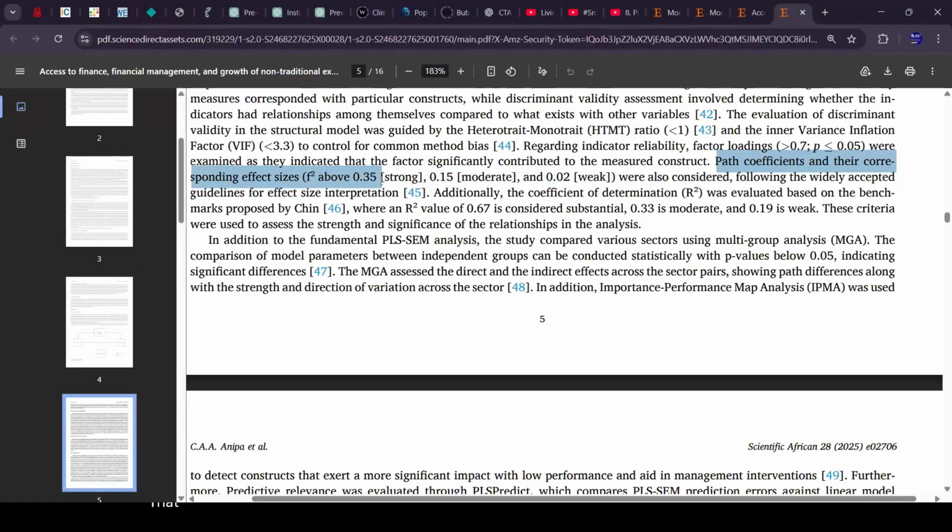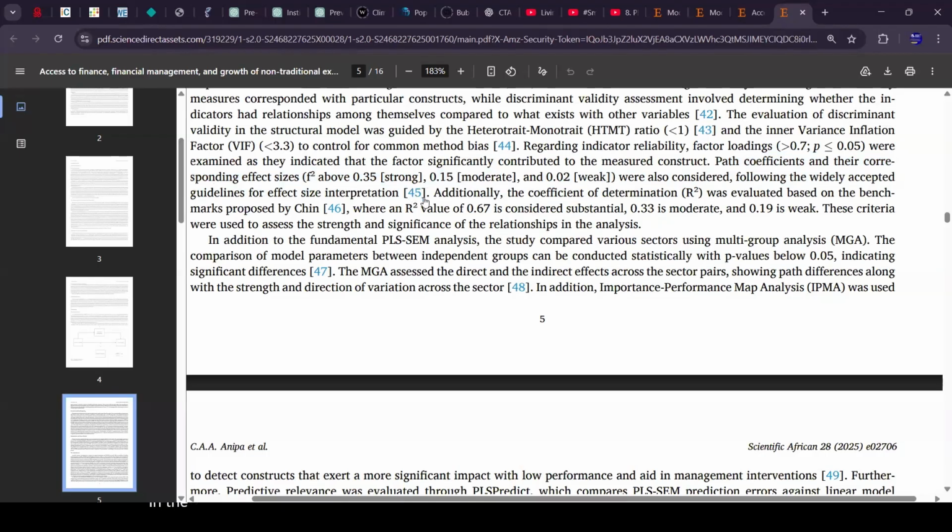So anything above 0.35 is considered to be strong. If it is between 0.15 and 0.35, it is moderate. And if it is 0.02 to 0.15, we see it to be weak. So this is normally what is used in the social science context.